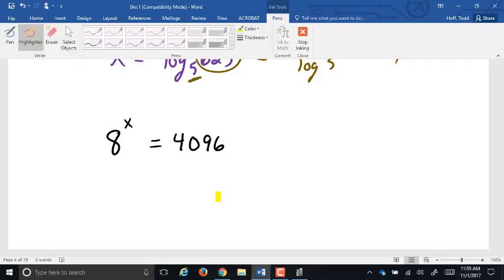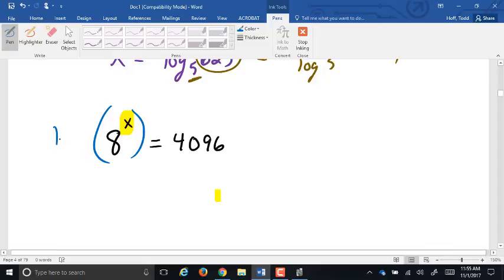The variable is the power, so we need to use a log. What base of a log do we need to use? Well, what's the base of our exponent? 8. So we need log base 8.